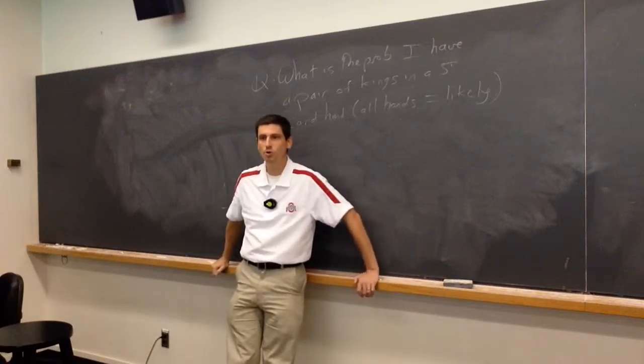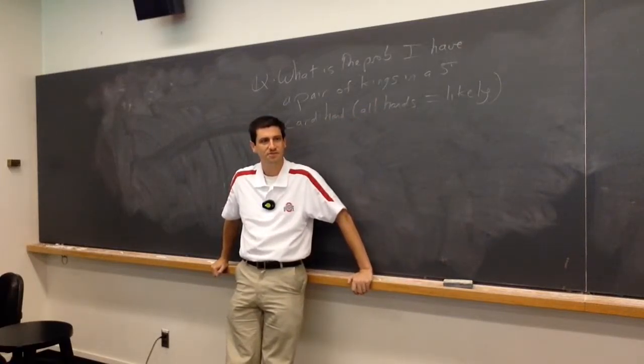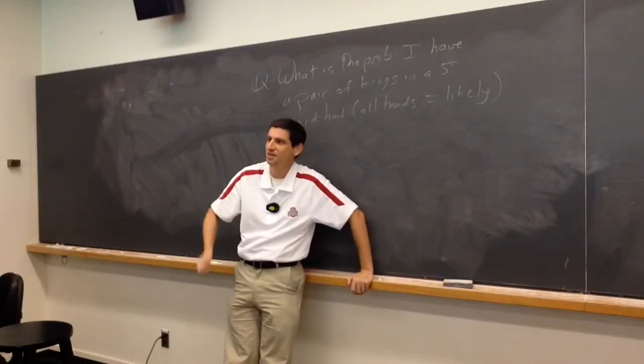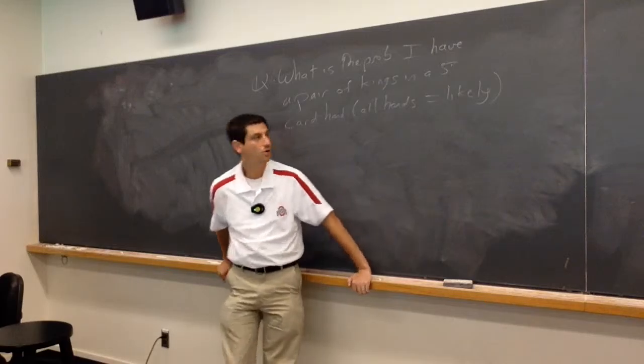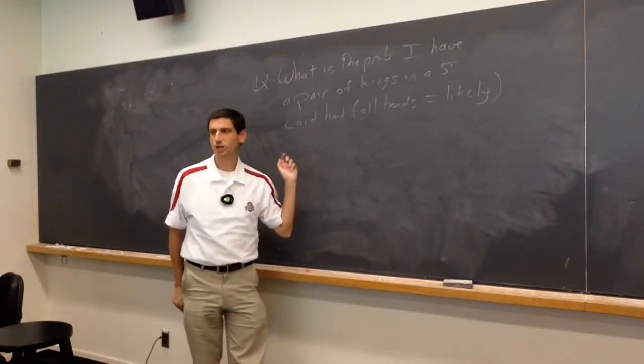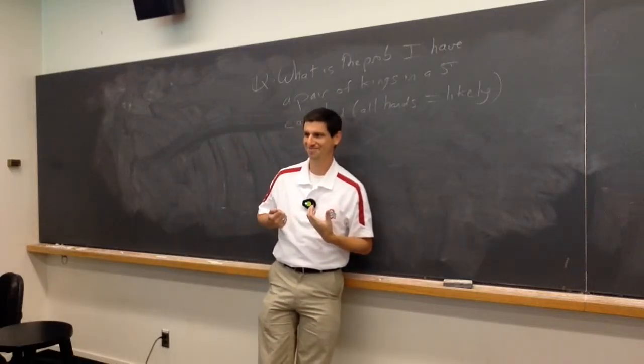Is this a well-posed question for a math stats class? Now the question is, how do you interpret this? Should it be any pair? It doesn't matter if it's kings or queens or anything. I don't like queens. I like how the king works.